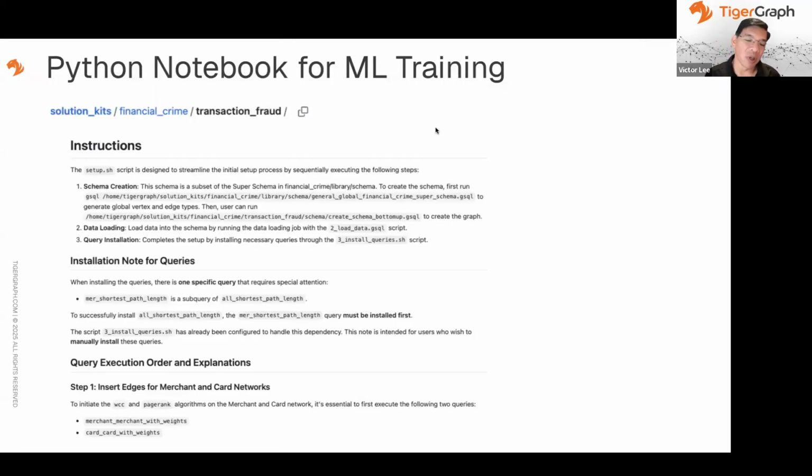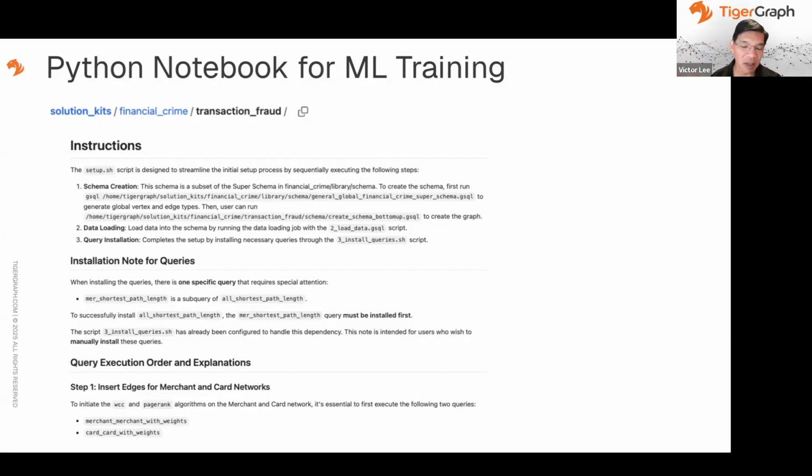You also get a Python notebook because, as I said, this is for machine learning. TigerGraph is a high performance graph database and graph analytics platform. But to do the overall task, the financial institution needs to train a machine learning model. So TigerGraph has integration. We have a Python driver. We have a library of algorithms and other machine learning related tools so that you can work together with a conventional machine learning system.